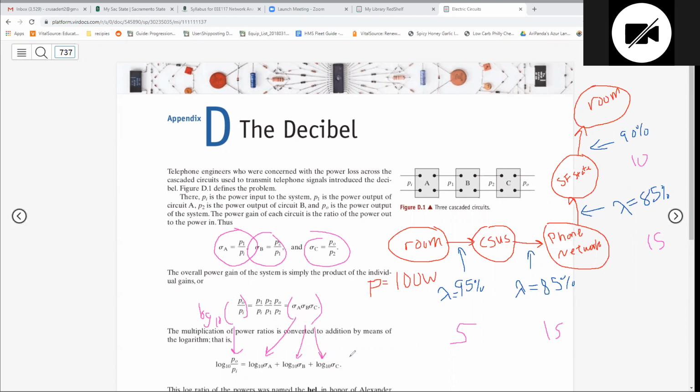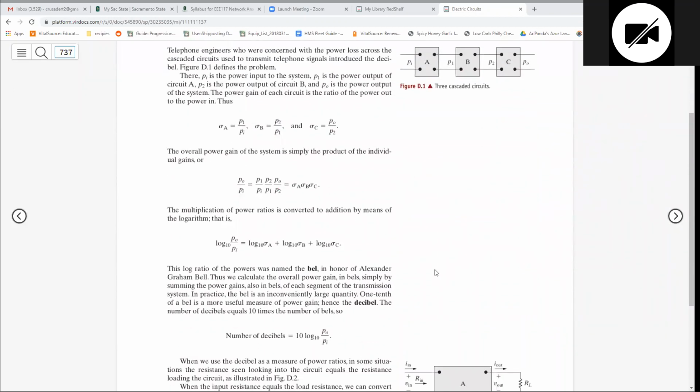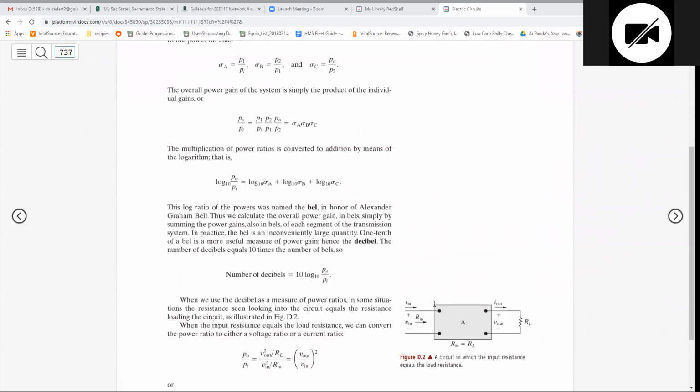So that way we can just add them together and get a final answer instead of doing multiplication over and over again, right? And that's the idea of where the decibel came from. It's using this log function to split up the gains so it could be independently looked at and then added together.